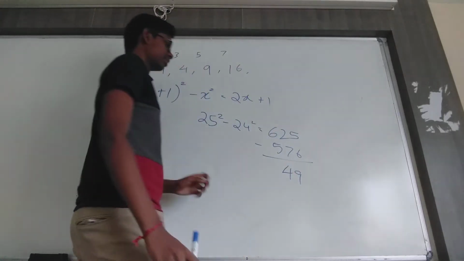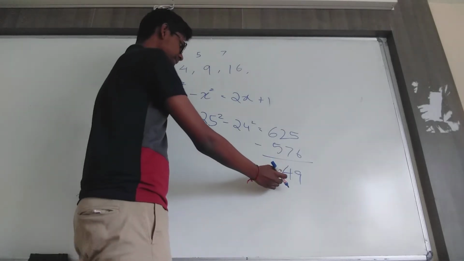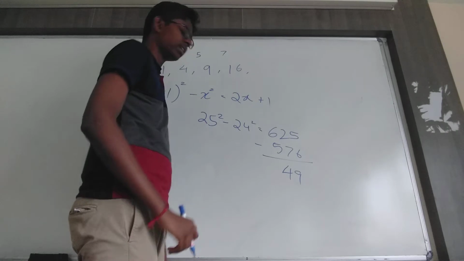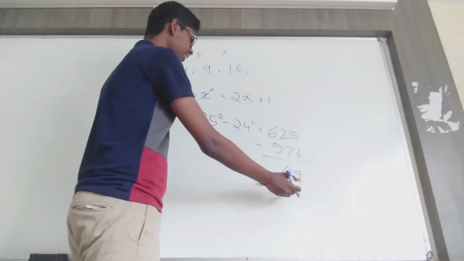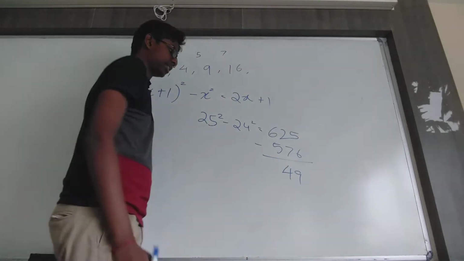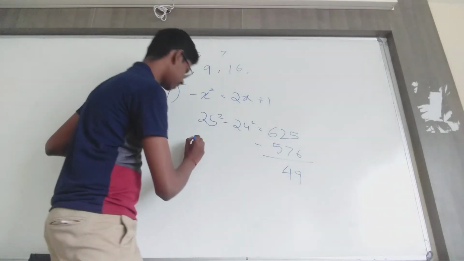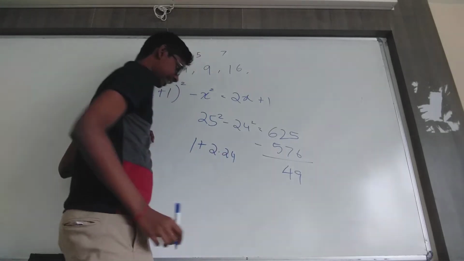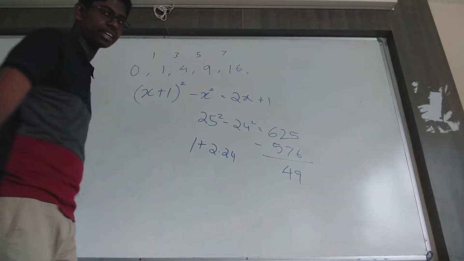And by the way, this is a Pythagorean triplet. It's 24 square plus 7 square is 25 square. So even this is an odd number, and presumably it's the 24th odd number. Yes, it's 1 plus 2 times 24. It is 1 plus 48, 49.